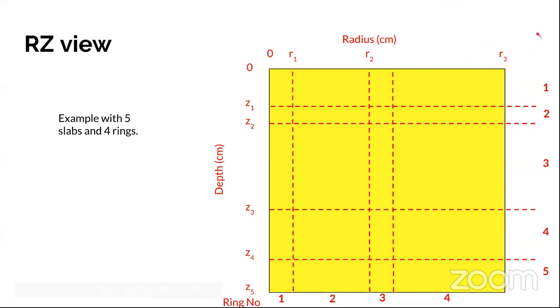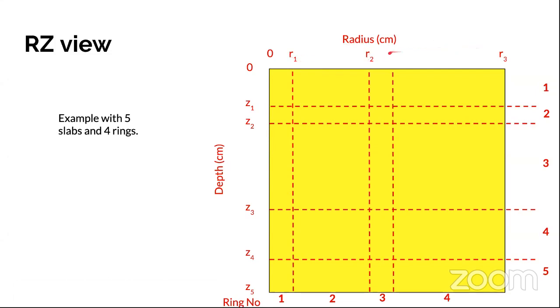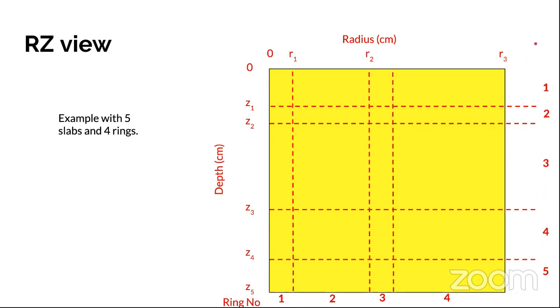Now here on the right, these are the boundaries for the slabs, Z1, Z2, Z3. And these are the radii. So R1, R2, R3 will be here, R4 is going to be here. Now what I put here is what we call the Z slab region.